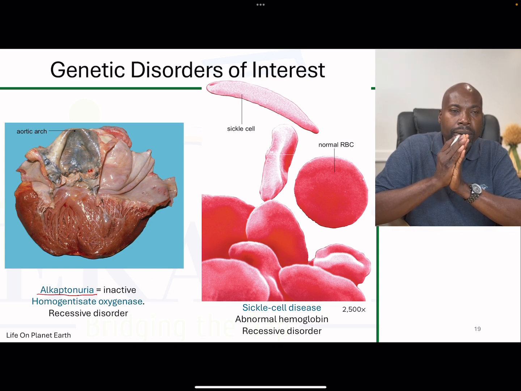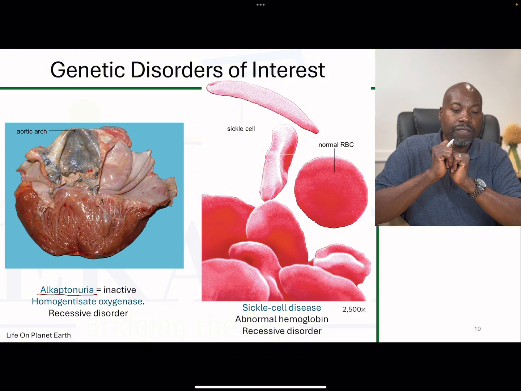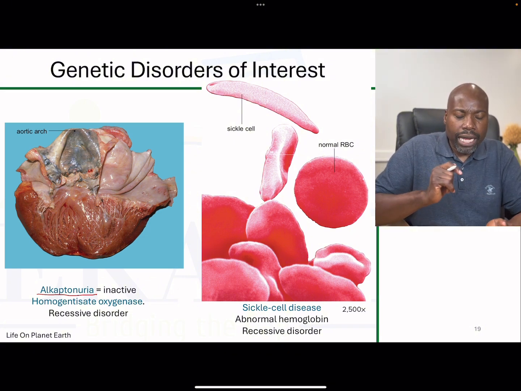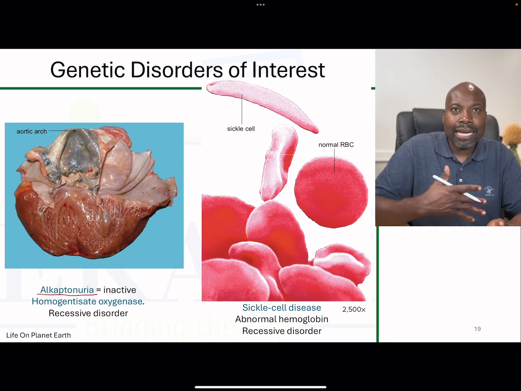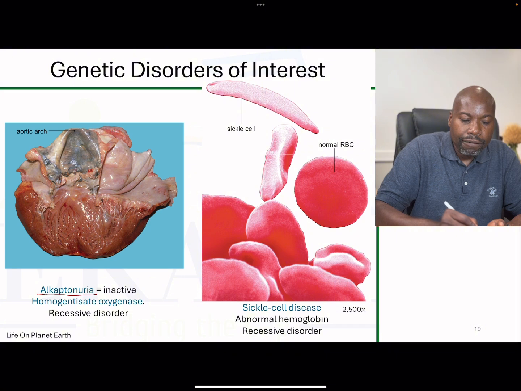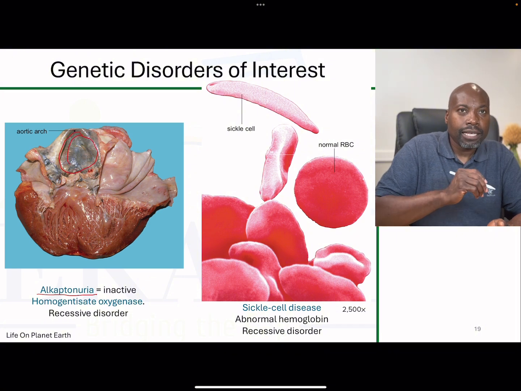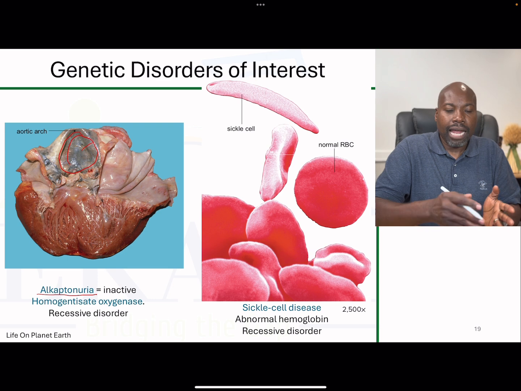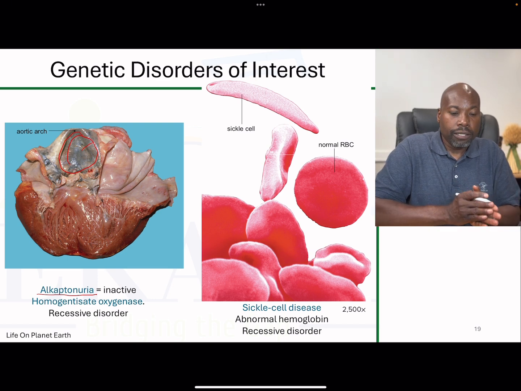I cannot remember exactly the name of the amino acid, but bottom line, because of that lack of enzyme and lack of proper processing of phenylalanine, we have a dark precipitate that forms and stains the tissue, like you see here in the picture, right?